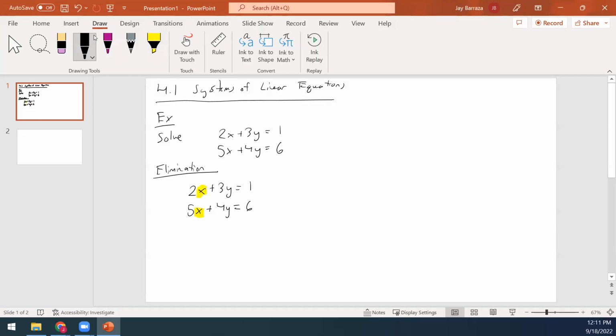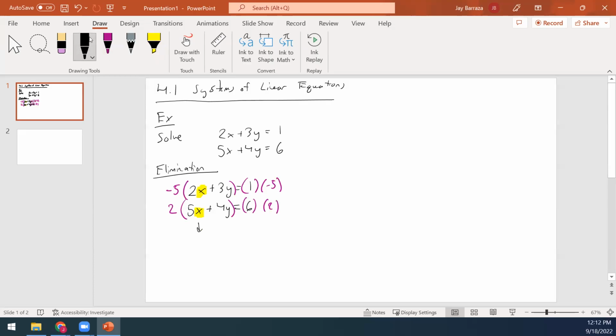So I'm going to multiply this equation by -5 and the other by 2, since 2 times 5 is 10. Again, you could do it the other way around, with 5 and -2. It's kind of up to you.